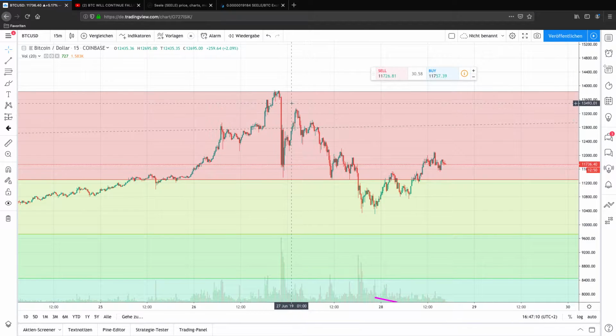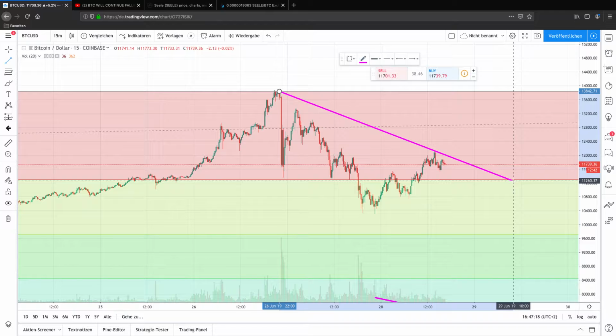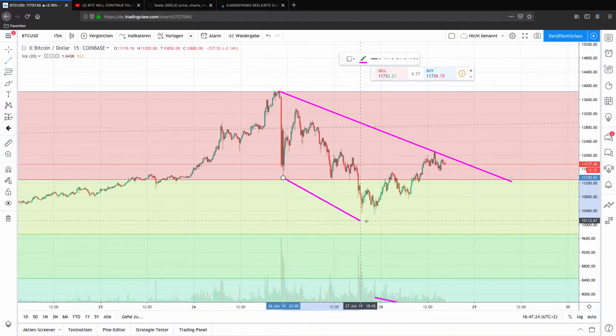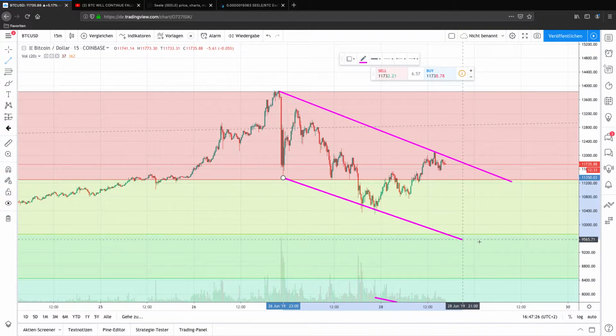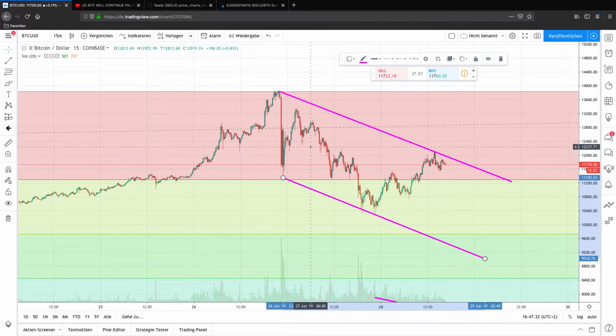Now there is something very interesting happening right now. When I put a line from this point to this point and a line from this low to these other lows, then you can see that there is forming a falling channel.